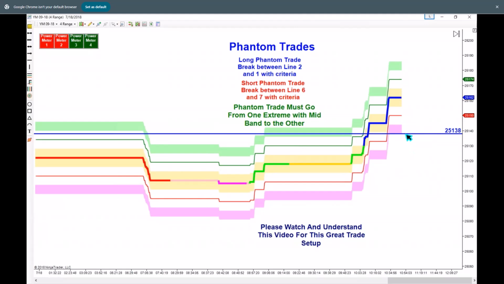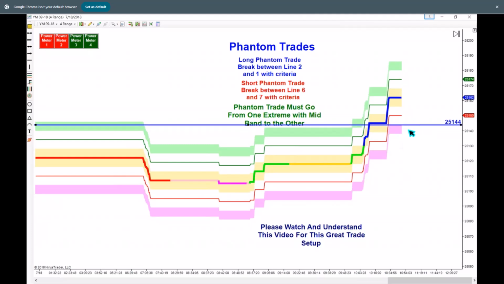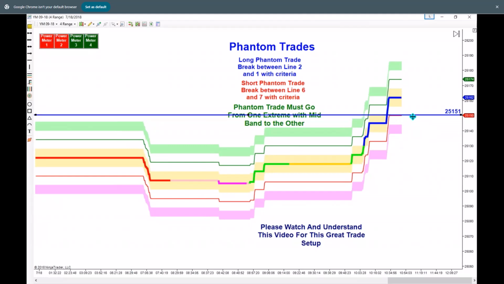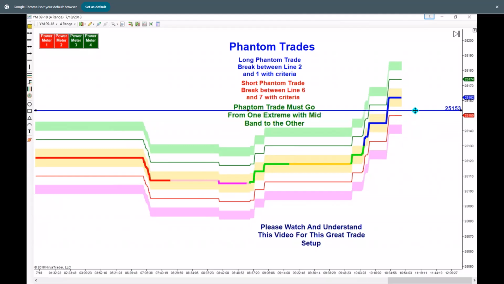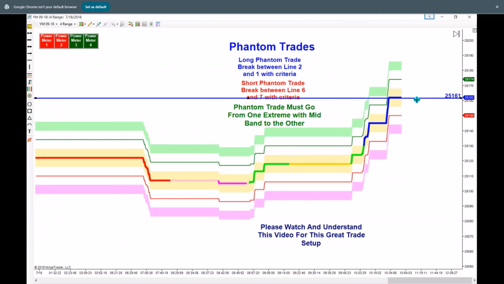So what you need to know first, though, is there are actually 8 lines on the dynamic trend. It starts with line 0. The very next line is the top of the little shaded area. That's line 1. This is line 2. This is line 3. And this is line 4, which is the mid-band.